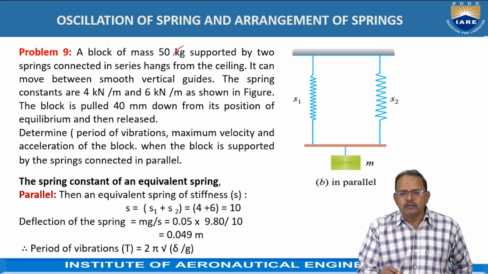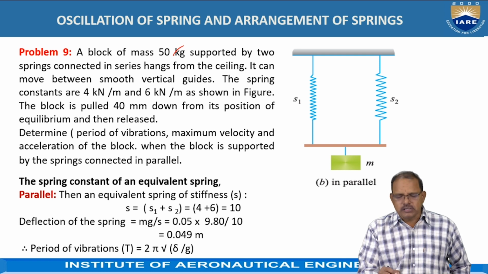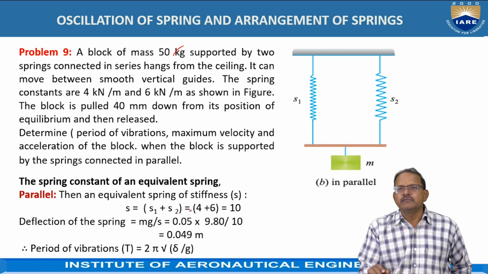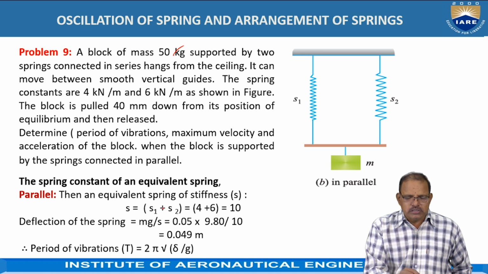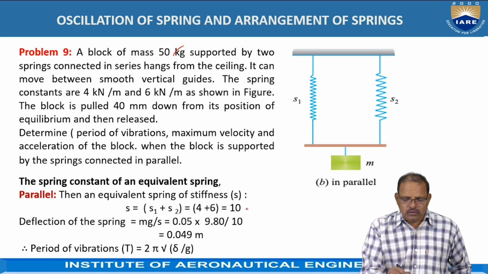Here first we have to determine the equivalent spring constant, which for parallel connection is the sum of the spring constants of the two springs, that is S equal to S1 plus S2, which is 4 plus 6 equal to 10.